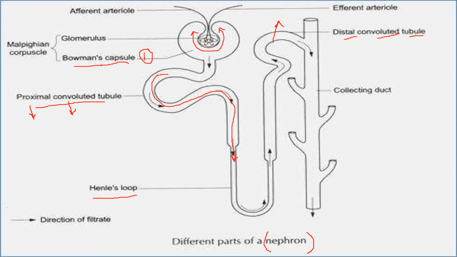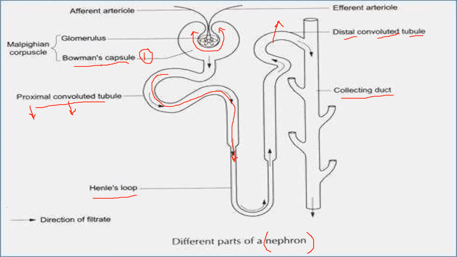I hope you understand why the proximal convoluted tubule and distal convoluted tubule are so called. The distal convoluted tubule will then end in a duct, and this duct is called collecting duct.